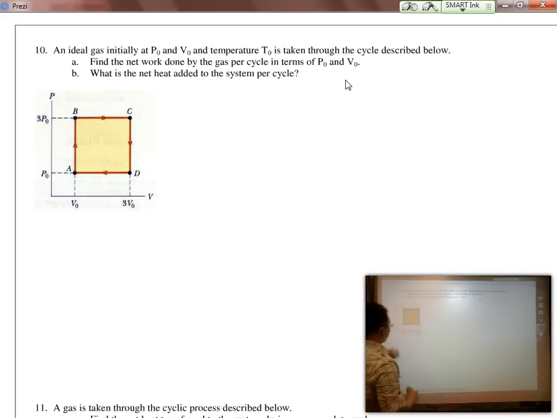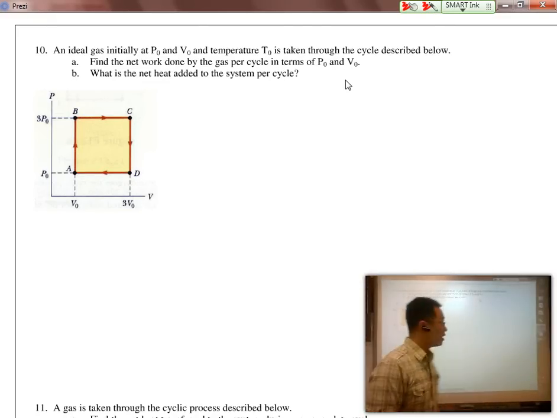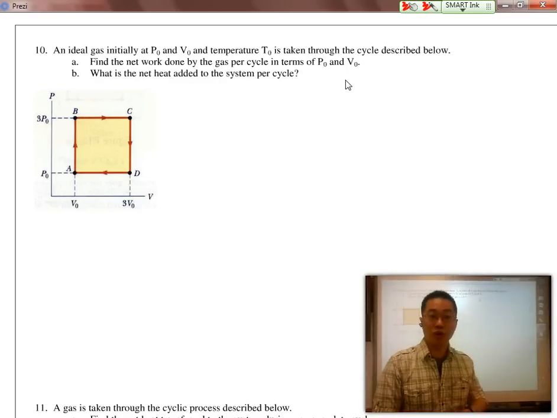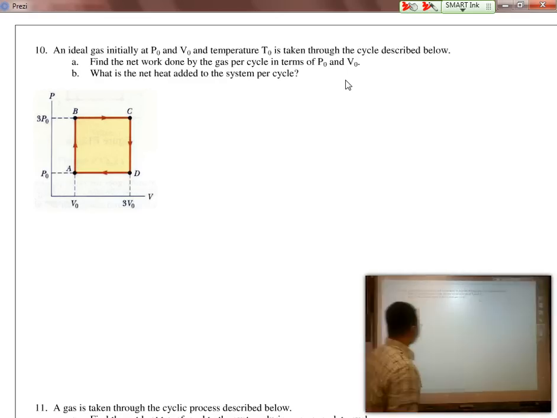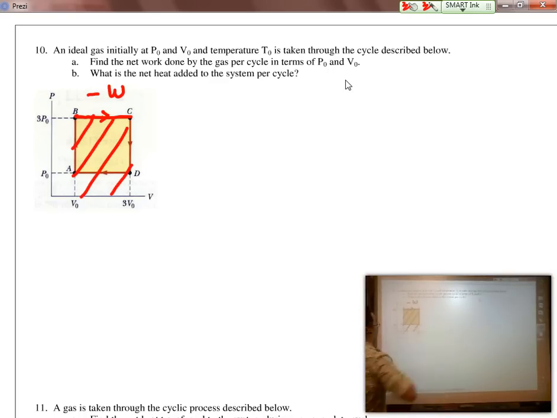Now, understand if I were to separate this out into which lines are actually doing work, however, okay, AB and CD I know are isochoric, so there's no work done whatsoever. However, BC has a negative work, and all the area underneath BC would be a negative work value.